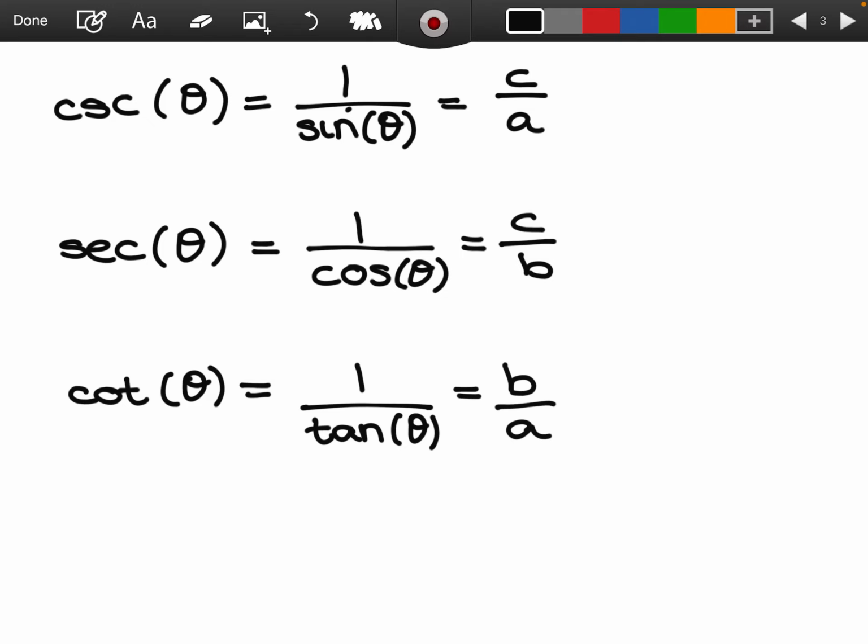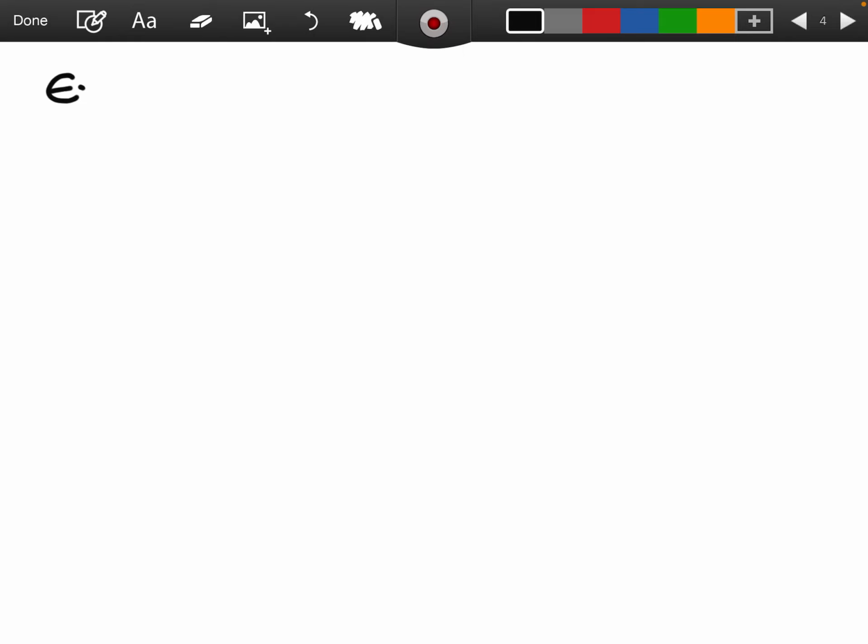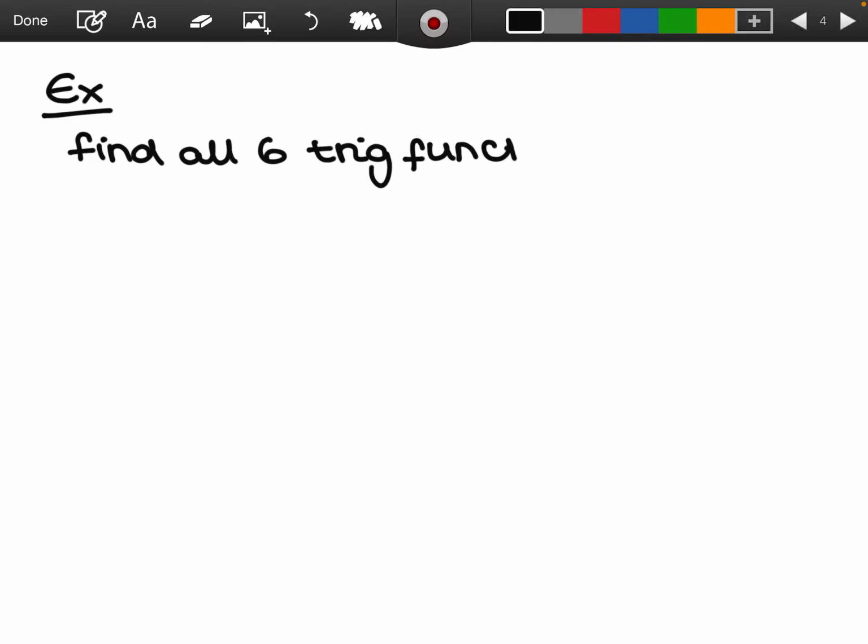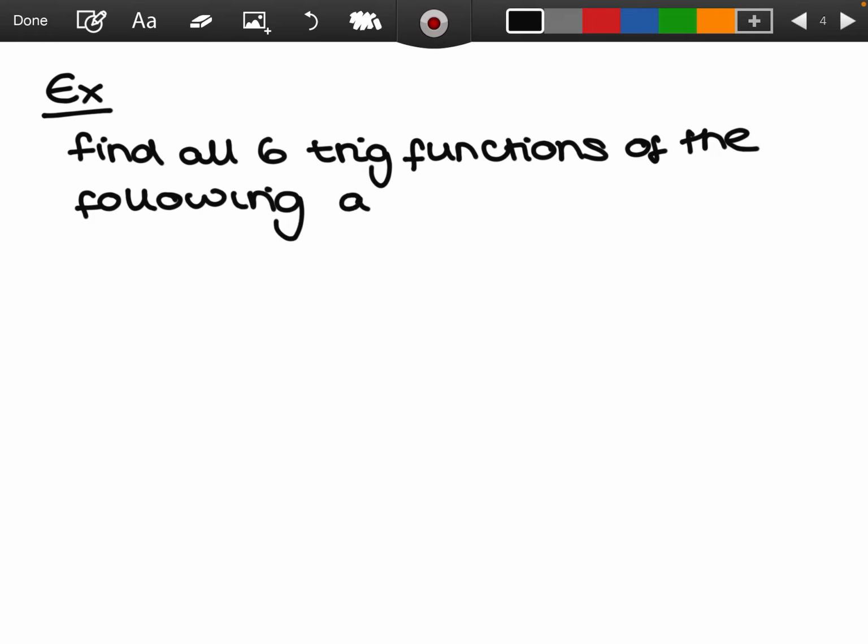Let's go ahead and do an example. We're going to find all 6 trig functions of the following triangle. So we're going to look at this triangle and find all 6 trig functions of the angle theta.